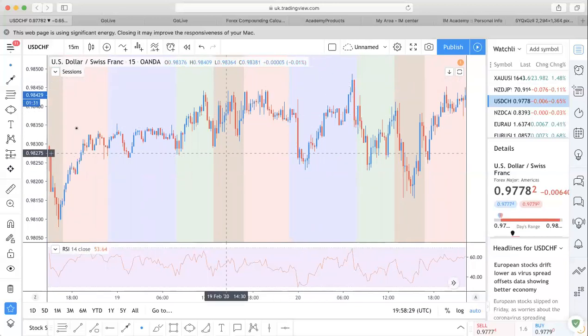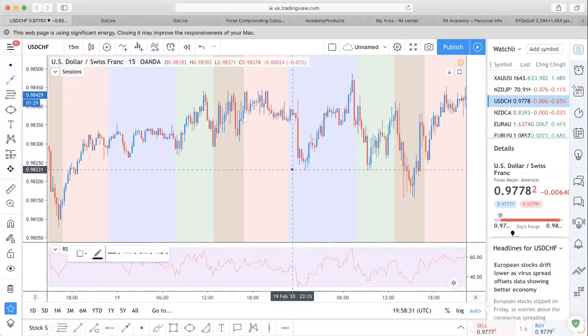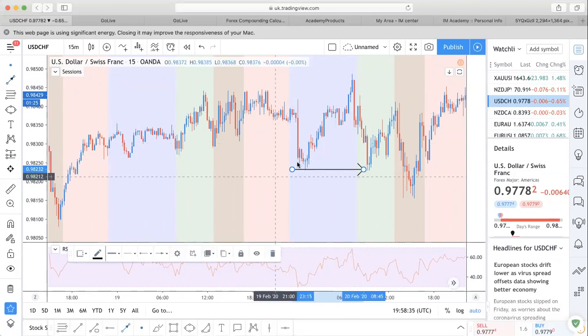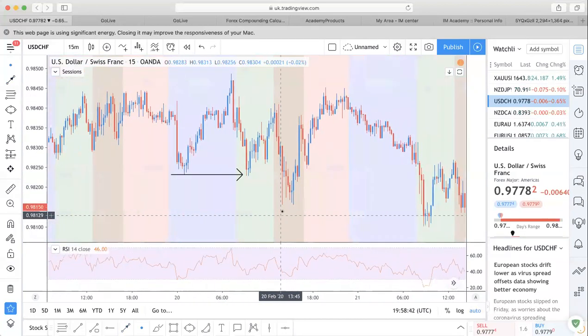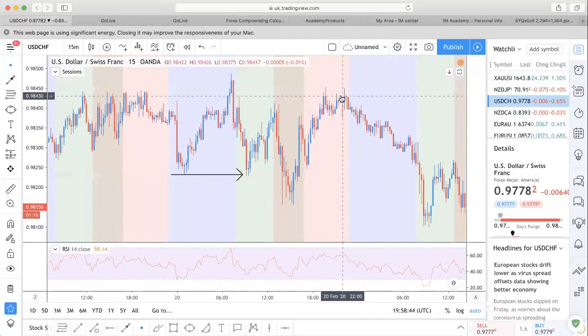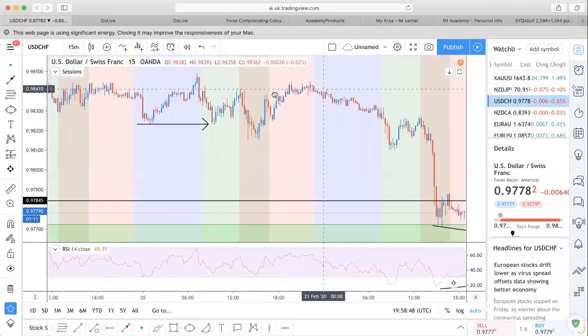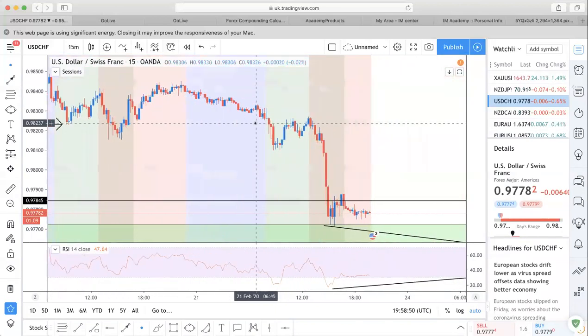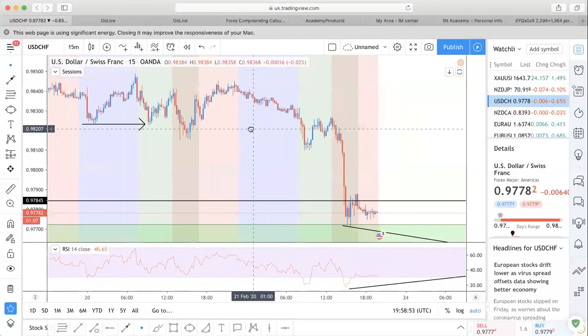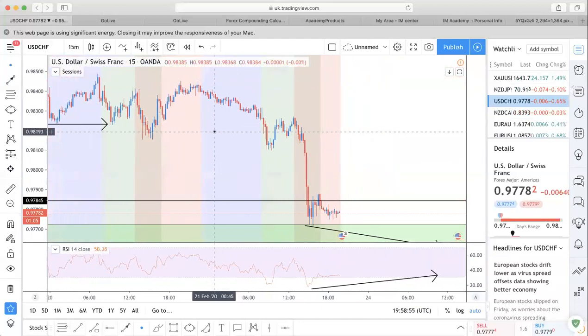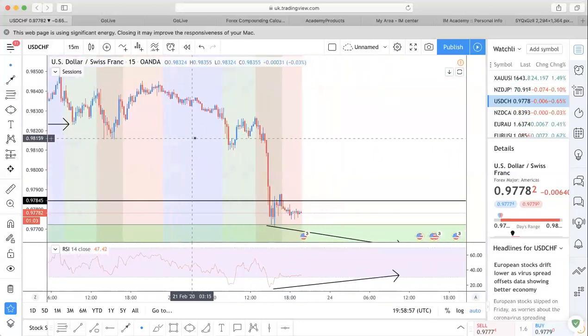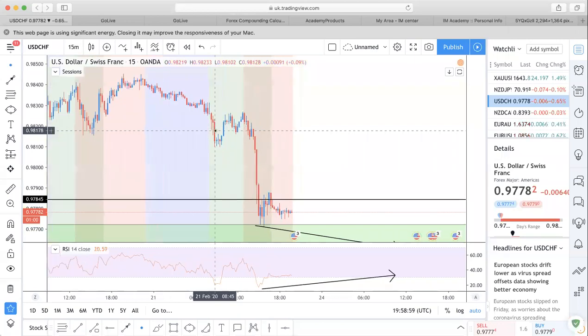So anybody else who was selling at this point in time, in the Asian session, immediately London opened, look, it came all the way down, smashed their stop losses, and then it went up. Is that some value right there for you guys? Definitely, yeah. Good, good. I'm happy we're learning something here.